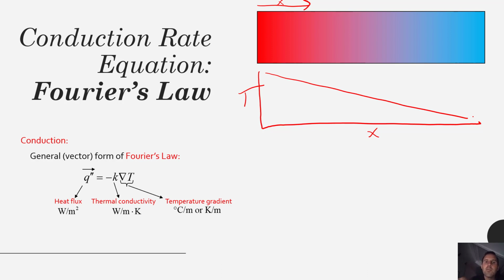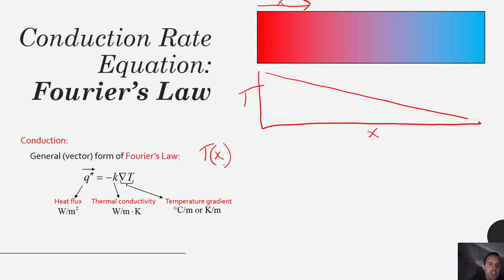This is called a temperature profile. It's a plot or graph of data representing our temperature as a function of some spatial coordinate or coordinates. If our temperature gradient is going this way, notice that it's a negative slope. So the temperature gradient is negative.